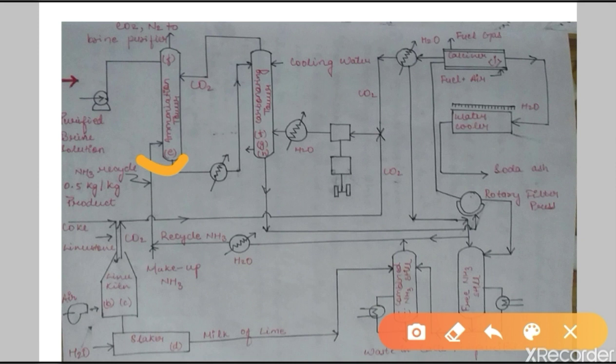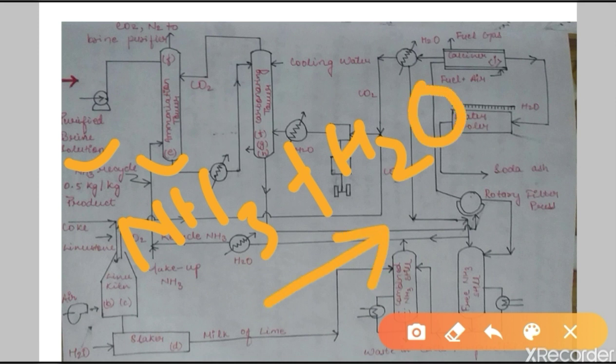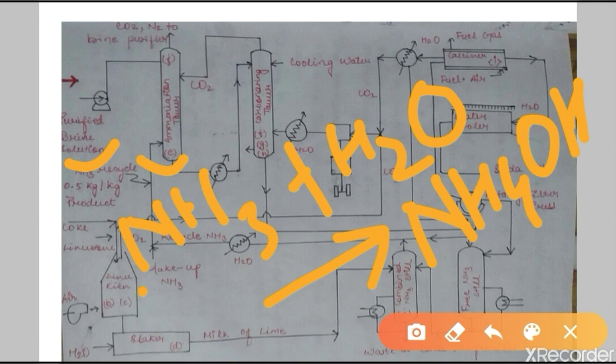The ammonia gas present in the ammoniation tower comes in contact with the solution and it reacts with water. When it reacts with water, it gives NH4OH, that is ammonium hydroxide. Ammonia is readily soluble in water, and that is why as soon as it comes in contact with water, it gives us ammonium hydroxide. Secondly, the reaction occurs with carbon dioxide and water also.